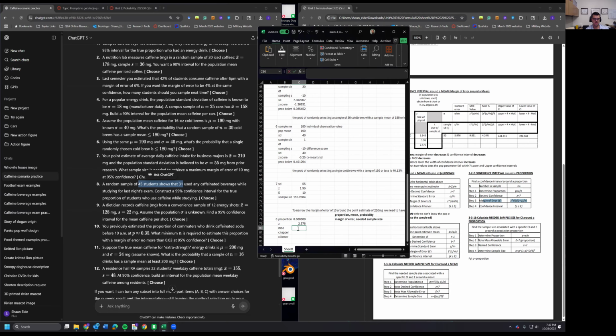So we're going to do equals the z-score, which is 2.576, multiplied by the square root of the proportion multiplied by, sorry, parentheses, 1 minus the proportion, close parentheses, divided by the sample size, and the sample size is 45. So going back to the original question, I put this formula in there.